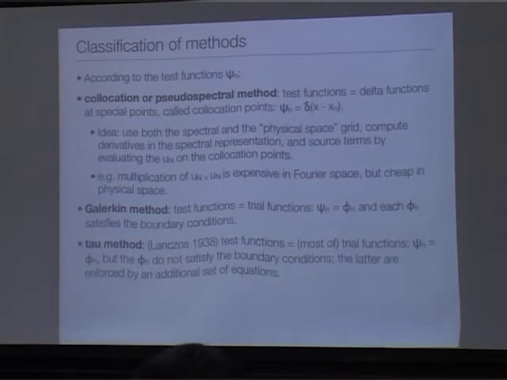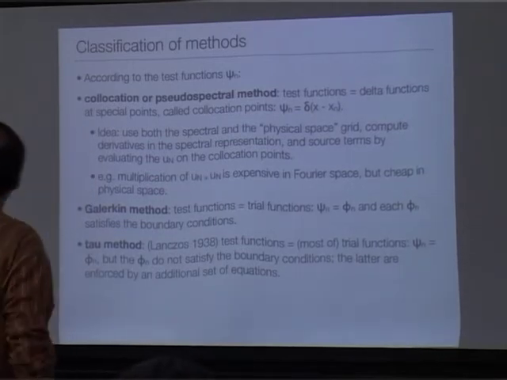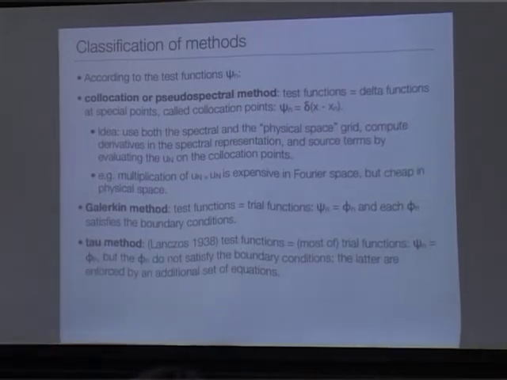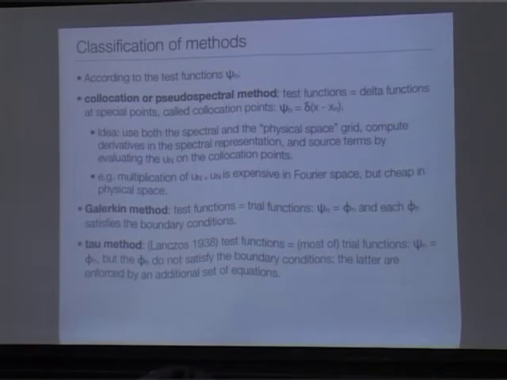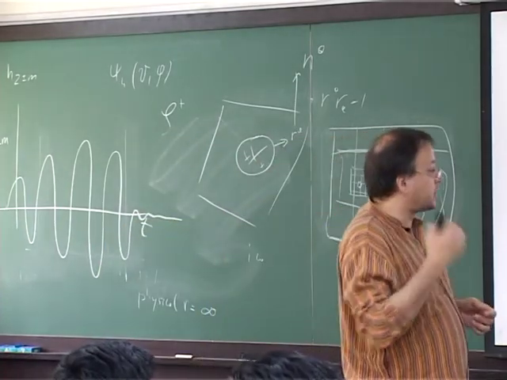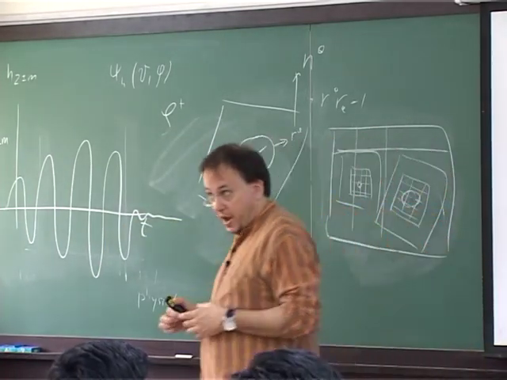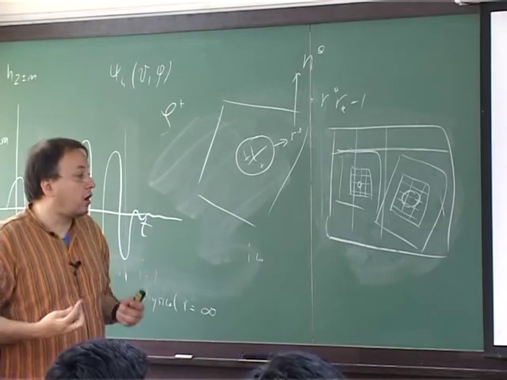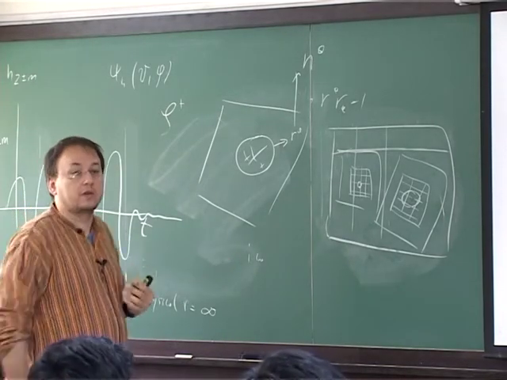But if you want to take a derivative, taking a derivative in Fourier space is just multiplication by i omega. So you go to Fourier space, you multiply every Fourier mode by i omega, and you transform back. That procedure can be done fast, and it's very accurate because you take into account the information from all the basis functions.